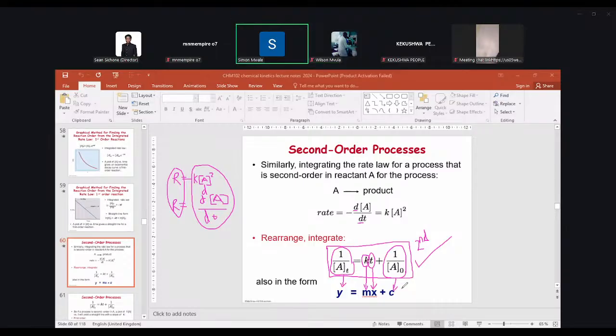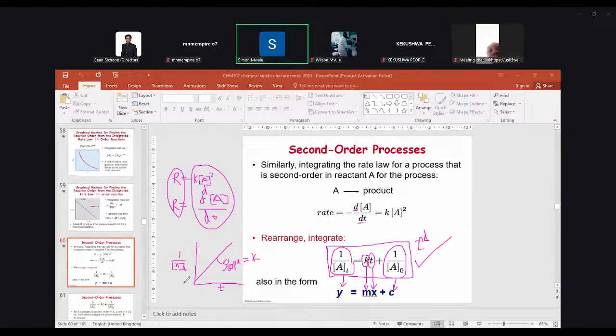Okay, so this is an equation of a straight line. So what we mean is that when you plot a graph where your y is 1 over the concentration of A, not natural log, the concentration of A at time t, and your x-axis is the time, you should get a straight line with a positive gradient, where the slope of this line, the gradient of this line, is equal to the value for the rate constant.